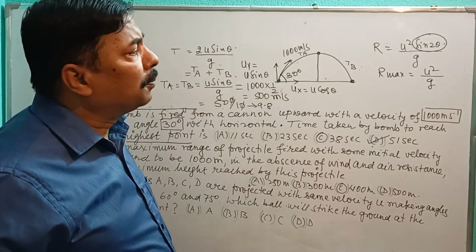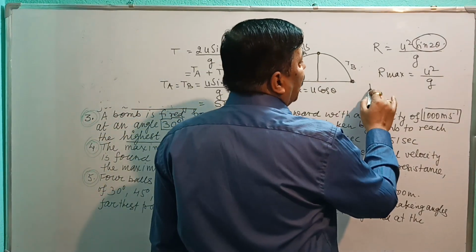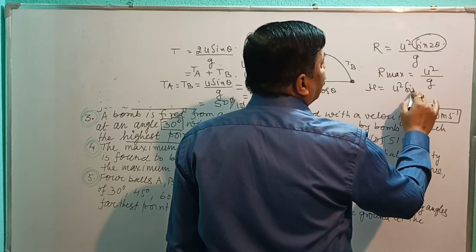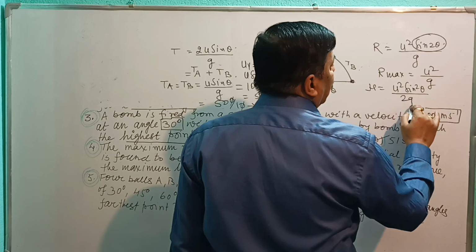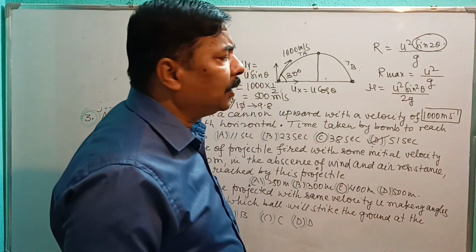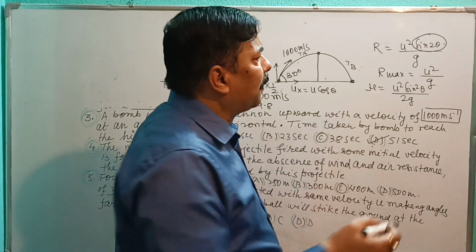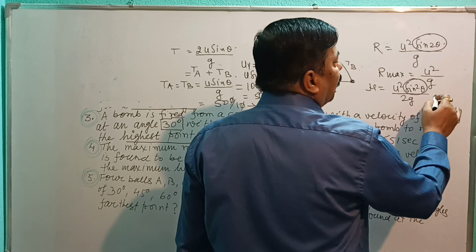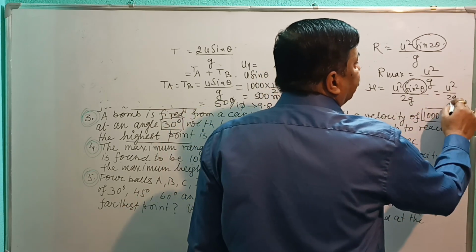If you talk about maximum height, this height you already know is U square sine square theta by 2G. In this situation, if you observe, this H will be maximum when sine theta is maximum and it becomes 1, which is U square by 2G.